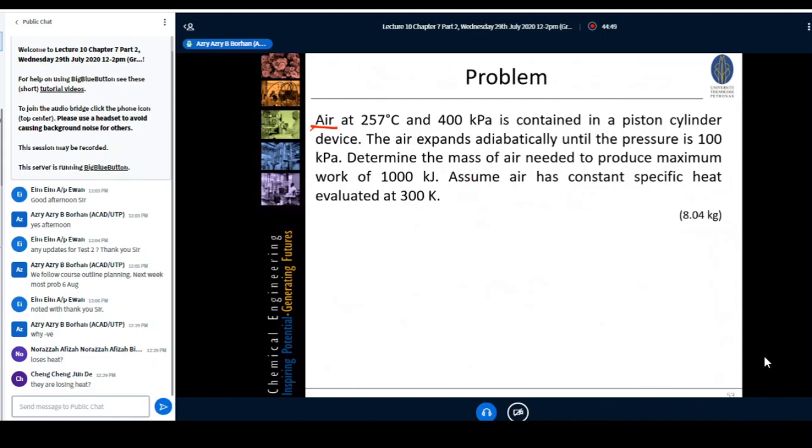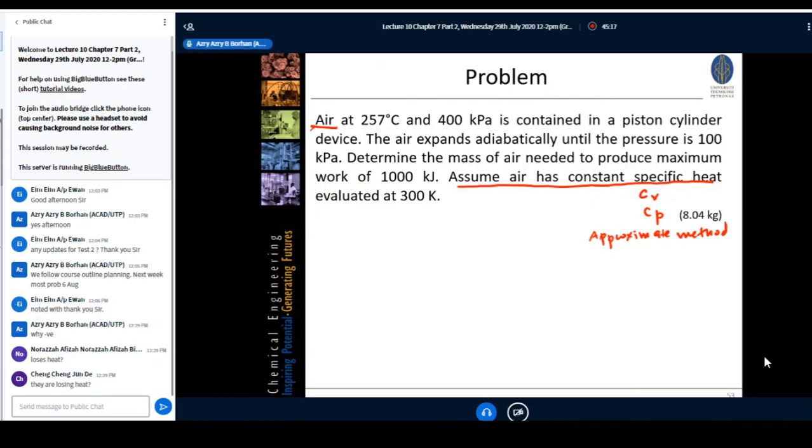Now, the question already specified. It says, assume air has constant specific heat. And so that means we make use of the CV, CP values. The name constant specific heat means we are actually solving this using the approximate method.